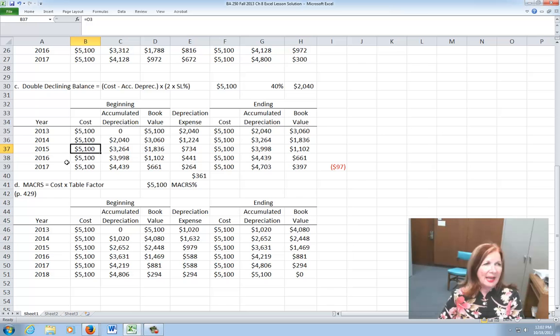So as we continue to work through these years, we want to notice that we have to work with these percentages. So we have cost minus accumulated depreciation to get book value.